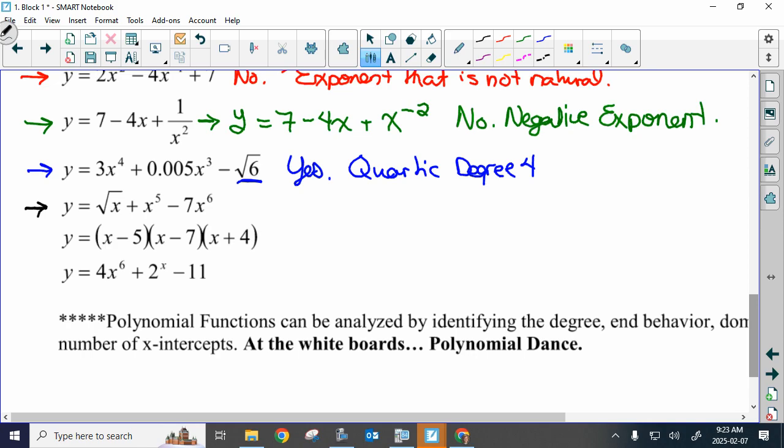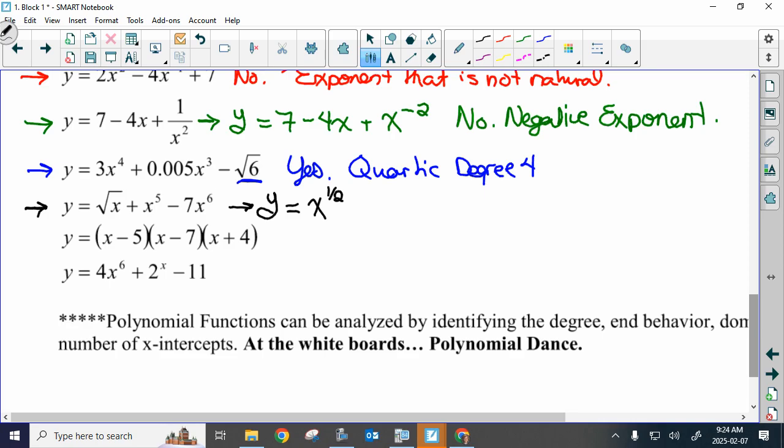Using your exponent laws from grade 10, the square root of x could actually be written as an exponent. Does anyone remember what the square root of x is as an exponent or as a power? Okay, I'm going to show you, and this is actually a no, but I'm going to show you why. The square root of x is actually x to the power of 1/2.